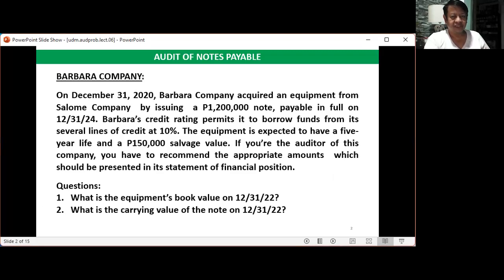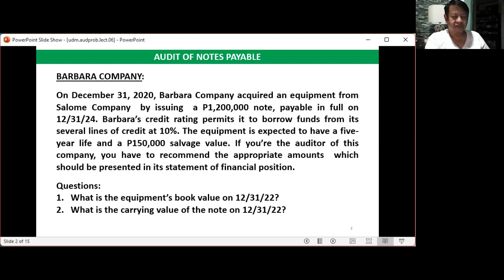This is the story of Barbara Company. On December 31, 2020, Barbara Company acquired an equipment from Salome Company by issuing a 1,200,000 peso note payable in full on December 31, 2024.